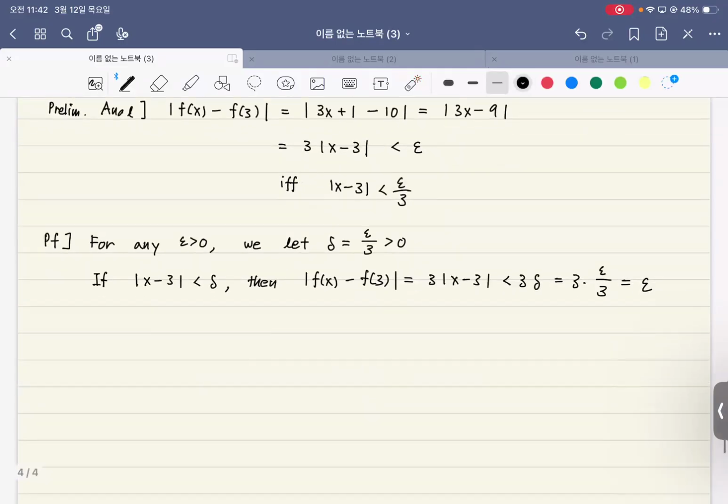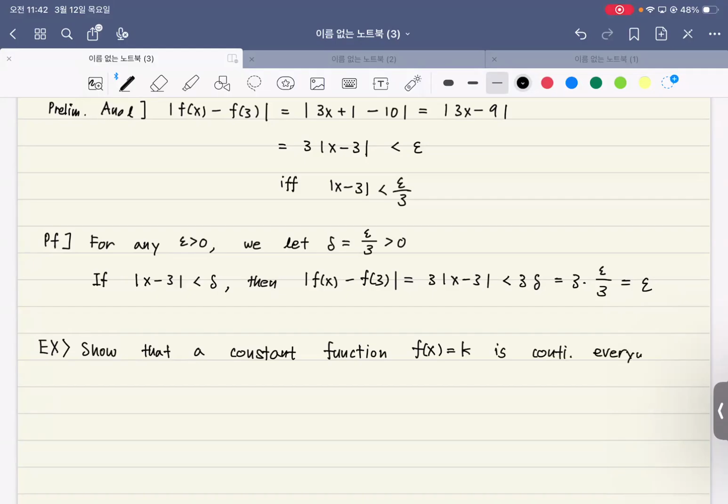Yeah, and another silly exercise. Show that a constant function is continuous everywhere.